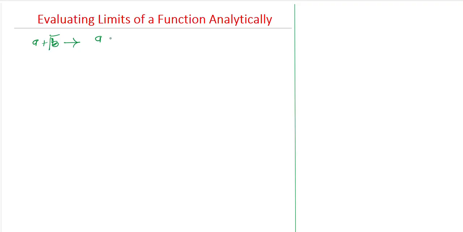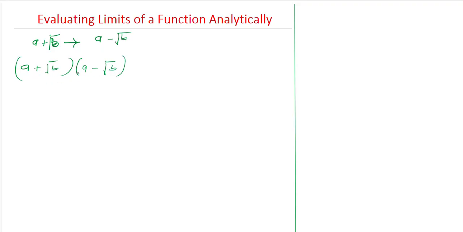We are going to have a minus root b. And if you multiply the expression by its conjugate, what we are going to have is a plus root b multiply a minus root b.